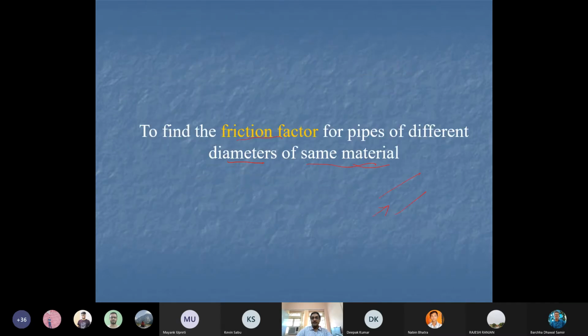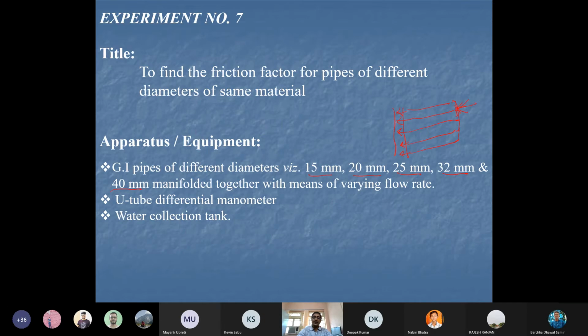Now, this idea is used to find the head loss due to friction in pipes of a particular material but different diameters. So we have a U-tube manometer connected to each pipe, and we have a water collection tank.